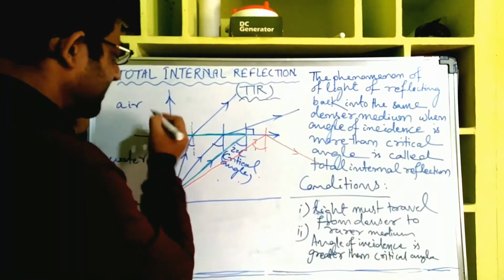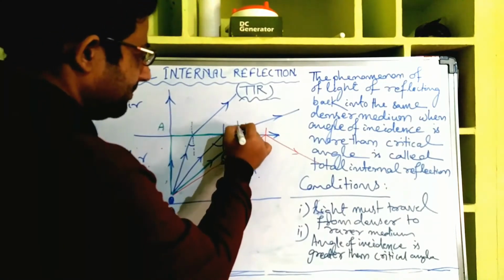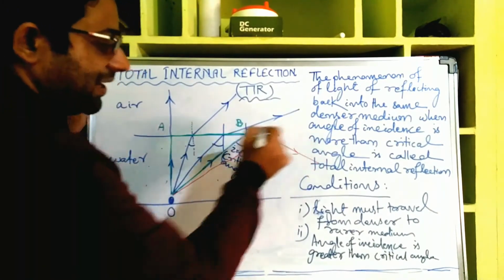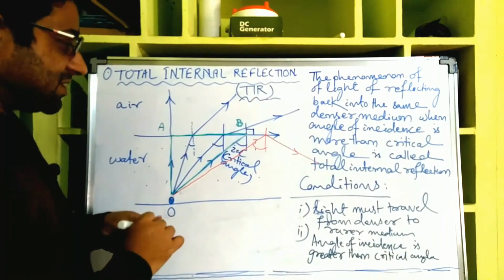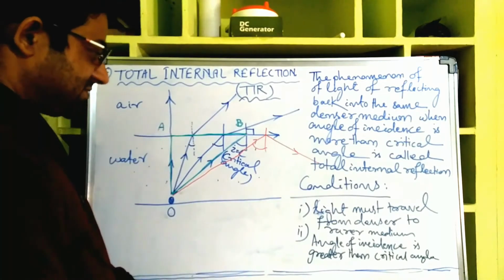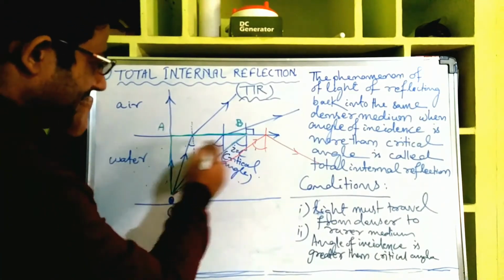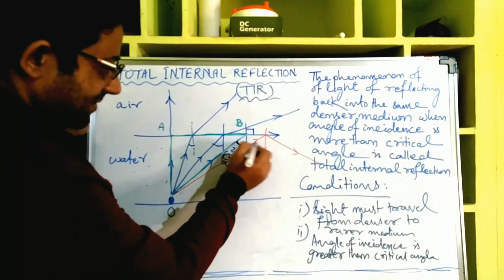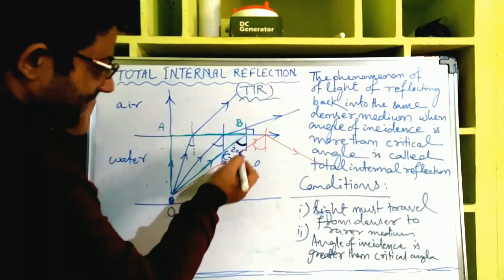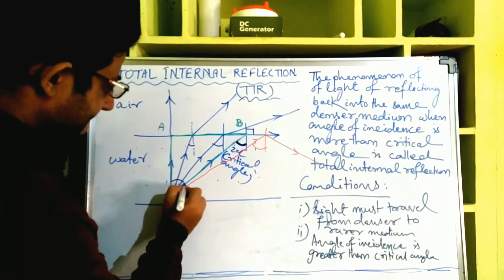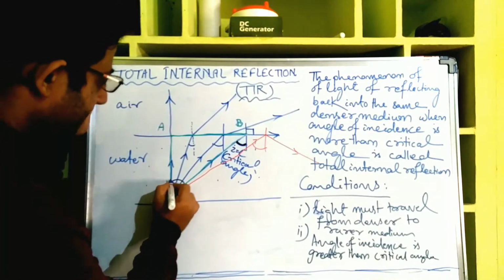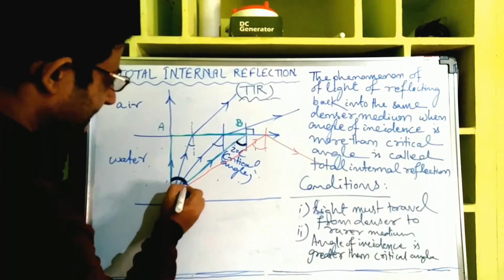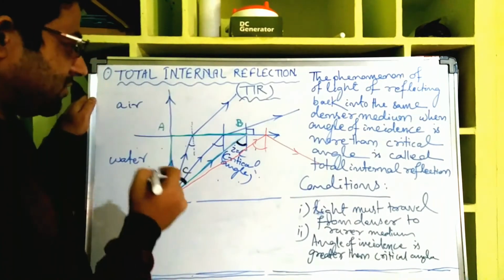Let us call this point A and this point B, the point of incidence where exactly the refracted light becomes parallel to the surface. Okay, now in this triangle you see this is the critical angle. So don't you think this angle will be the same critical angle, why? Alternate angles. So this is C, yes or no?